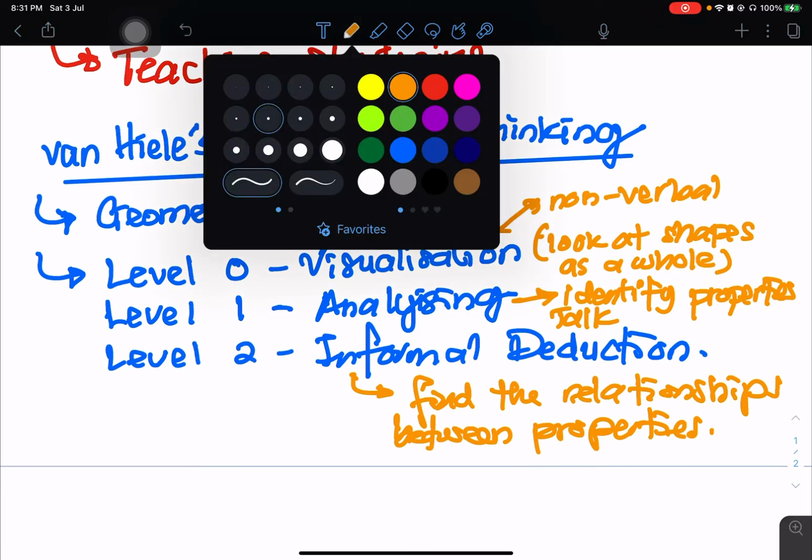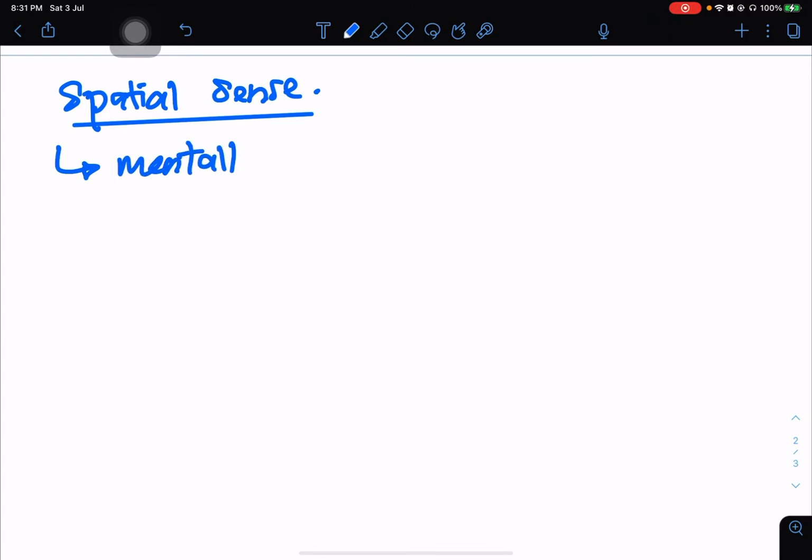Now, apart from Van Hiele's geometrical thinking, we also have spatial sense. Okay, so in spatial sense, you should know that students should be able to mentally rotate shapes from a certain orientation to another orientation using their mind.